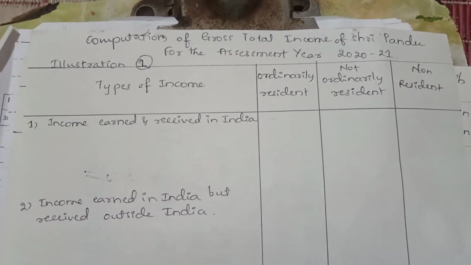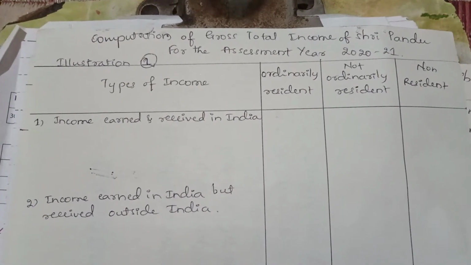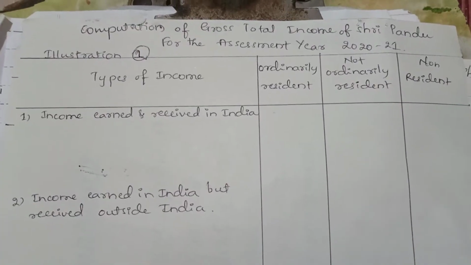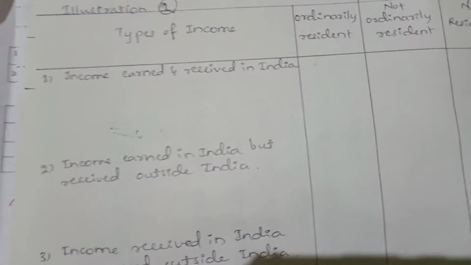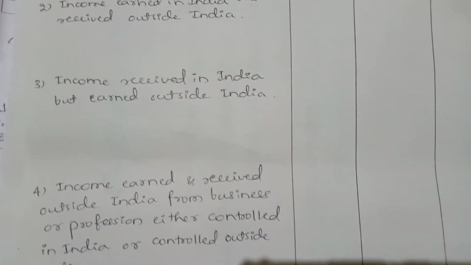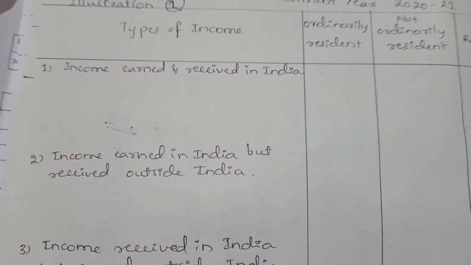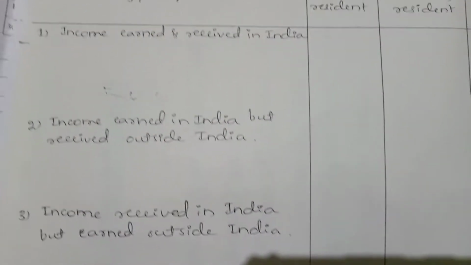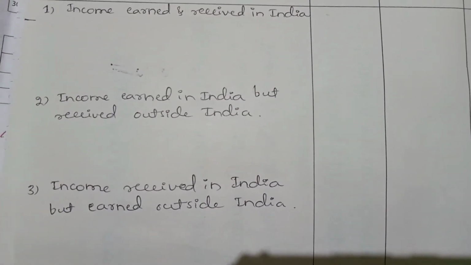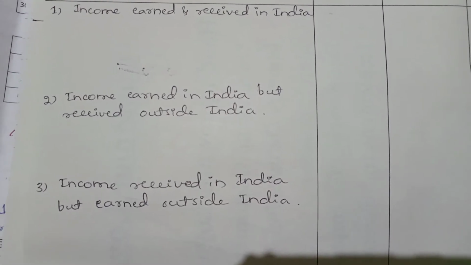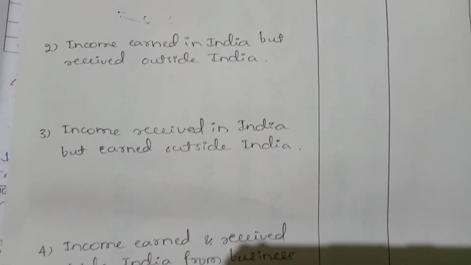One is types of income, ordinarily resident, not ordinarily resident, as well as the non-resident. So these are the 5 important heads of income that you can go through. One is the income earned and received in India. Second is the income earned in India but received outside India. Third is the income received in India.